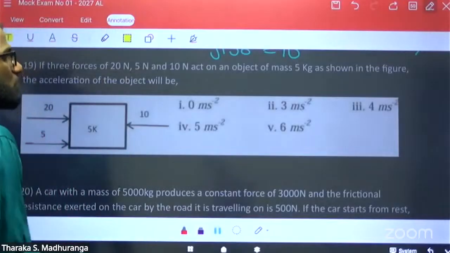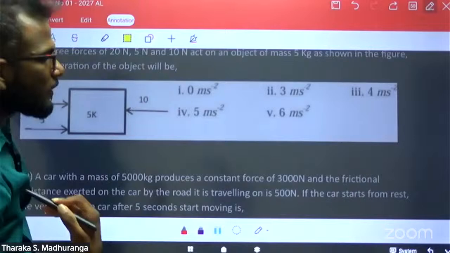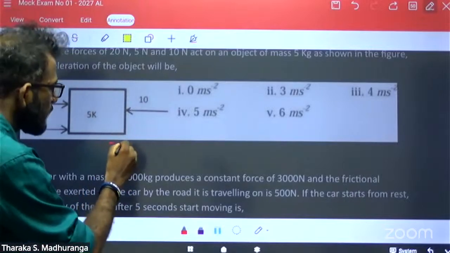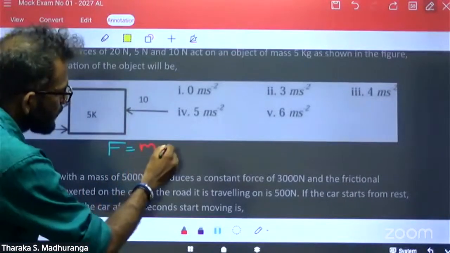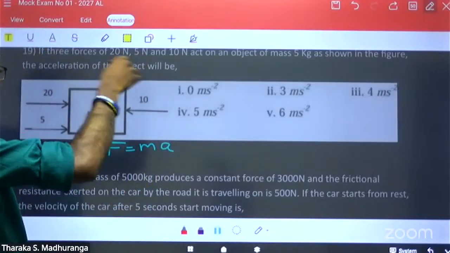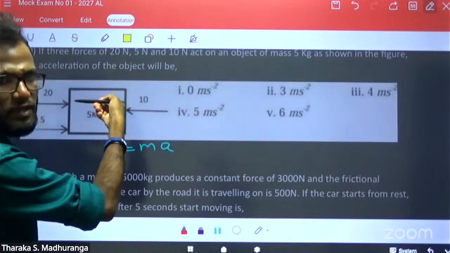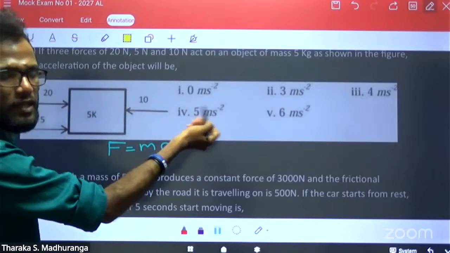First of all, get the resultant force, F equals ma. The resultant force: 20 plus 5 in the right side direction is 25. 10 in the left side direction. 25 minus 10 is 15 Newton.